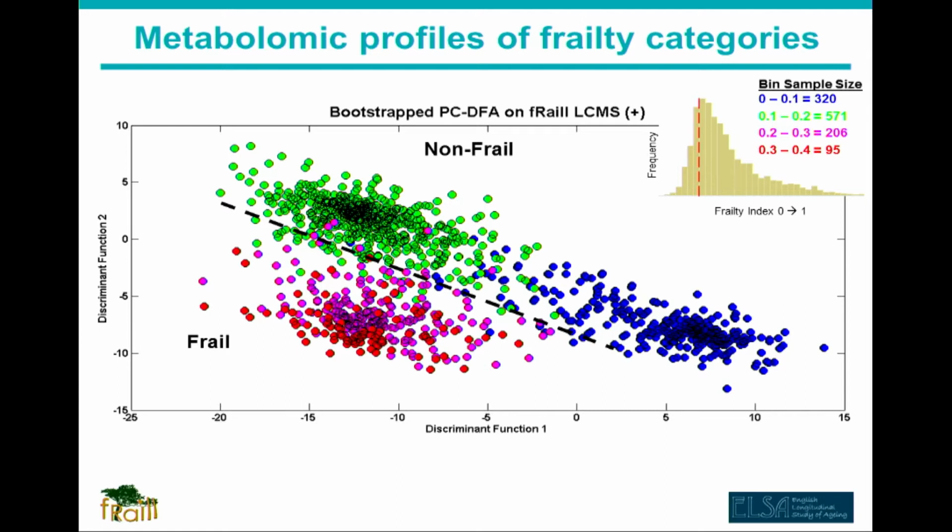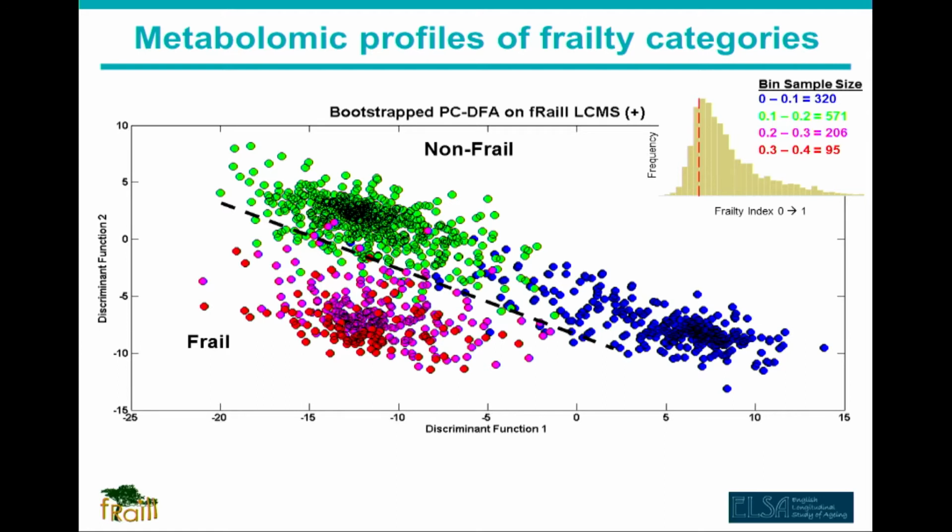And here we stratify the individuals according to four levels of frailty. So the blue have very low scores on a frailty index, the green have quite low scores on the frailty index, the pink are moving into a frailty syndrome, and the red clearly have a frailty phenotype according to the measure of frailty that we use.